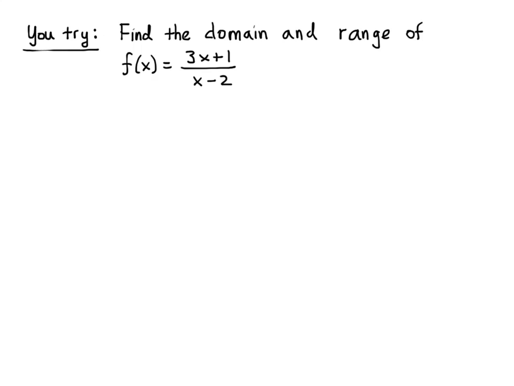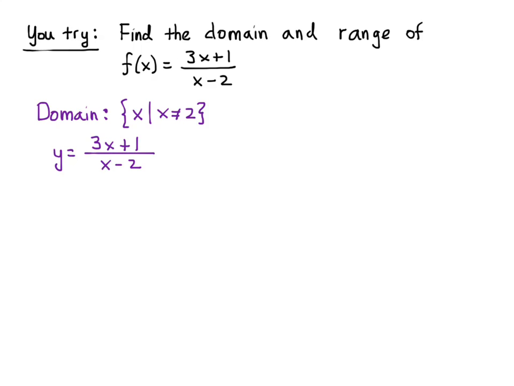I was actually going to have you try to find the domain and range of this particular function. By inspection, you can find that the domain is x can't equal 2. And then we find the inverse by swapping x and y and then solving for y.